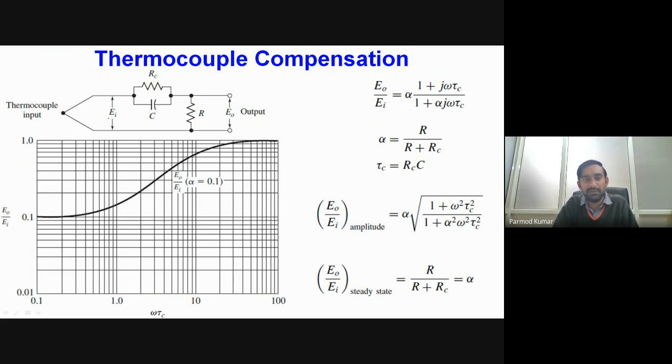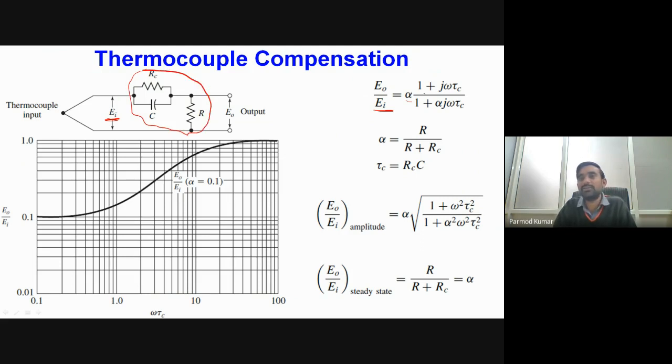We have one thermocouple input, and this thermocouple gives some E i as output. Whatever thermocouple output EMF we get is passed through this resistance capacitor circuit, with RC and C, and one load resistance is considered here in order to obtain the output. So we pass this through this RC filter. The output by input voltage is a function of alpha, depending upon the electric circuit we have used.